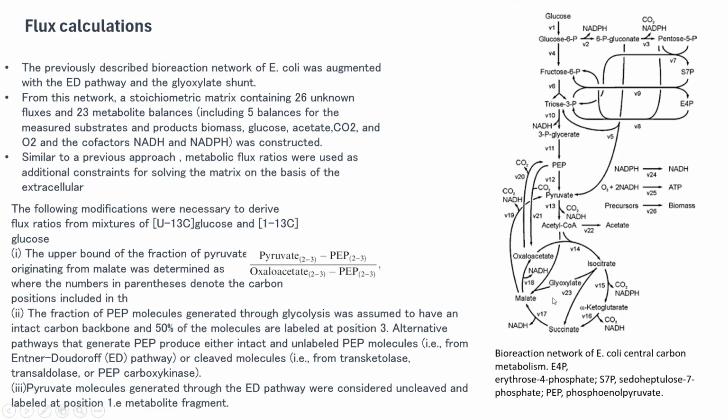So when coming to flux calculations, in the paper they describe this pathway in detail. What they did was, something extra they added was the ED pathway and also this glyoxylate shunt. Basically, a shunt is a resistance you can use to short between 2 points.